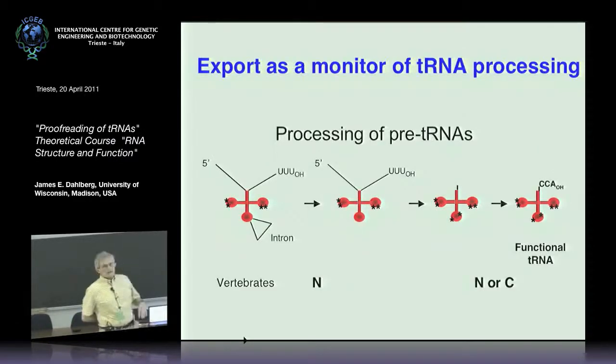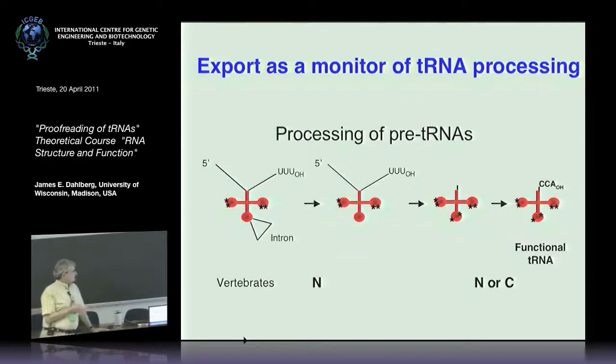Okay, now I'm going to say something about tRNA export and monitoring of tRNA integrity, or the proofreading, basically. As you've heard several times, especially today, tRNAs are made as precursors, with an intron, often a 5' sequence over here, and a 3' trailer sequence.